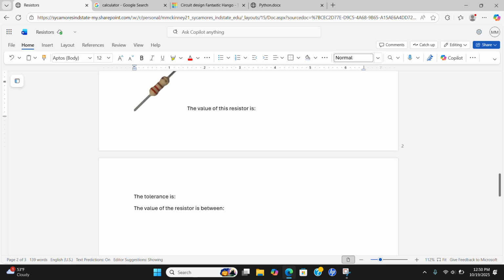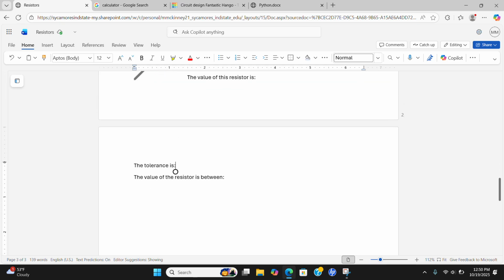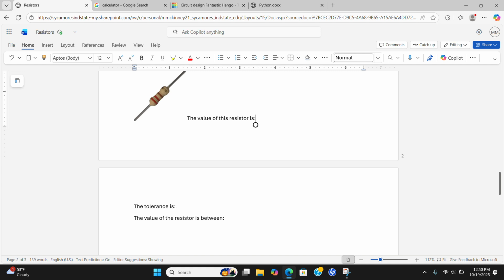So let's go on to the final one. So the value of the resistor, okay, so it's a red, red, brown, gold. So it's a 220 ohm resistor.